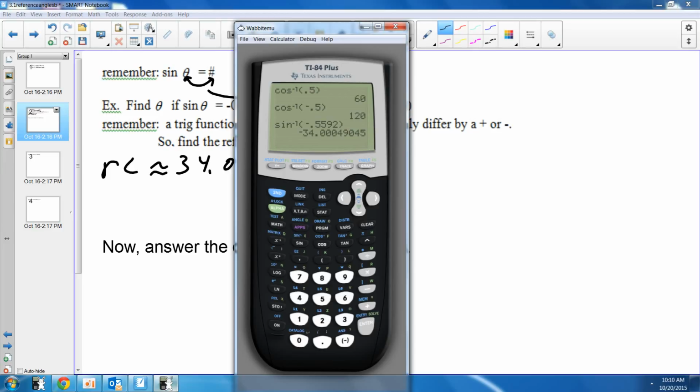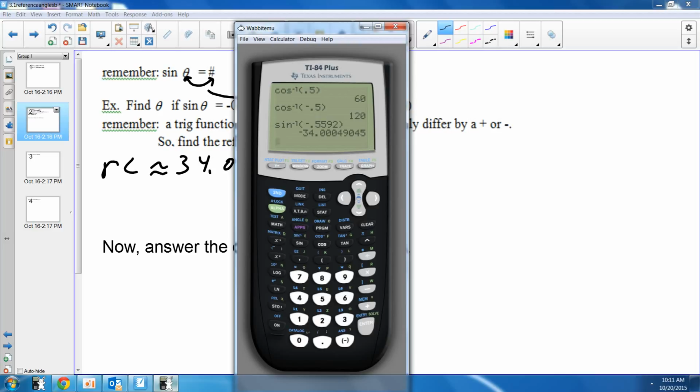The other way to do it, and you just need to pick one way, is to say, you know what, instead of having a negative number here, I'm always going to make that a positive number. And if you always make the number a positive number, the calculator will always give you the reference angle.